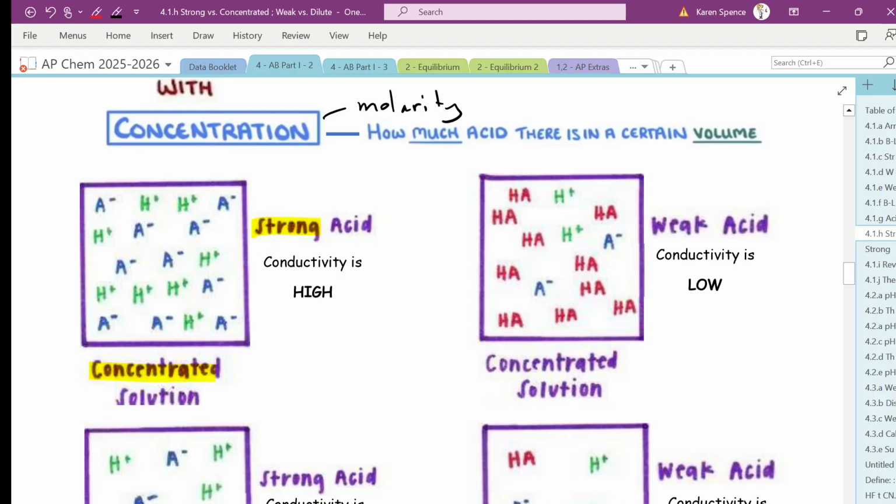Lots of ions everywhere. Here's an acid that is weak and concentrated. If we look at how many ions we get, it's not very many compared with all of these ions.